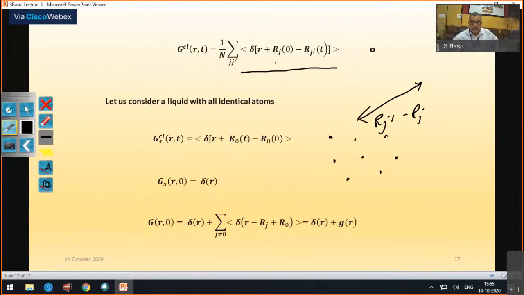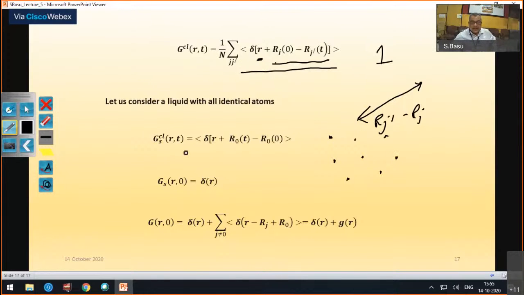So it just maps this correlation. Whenever this variable delta R is equal to the distance between two atoms, which can be the same atom also, J can be equal to J prime, then it clicks to 1.